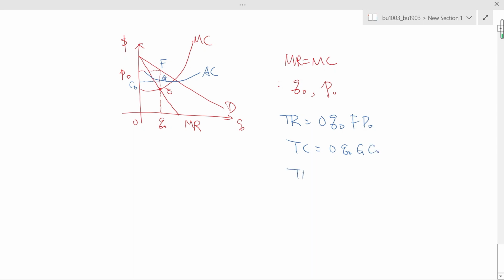We can see that total revenue is bigger than total cost, so profit is positive. It is the rectangle P0 F G C0. So this monopoly is efficient, so it's making a positive economic profit.